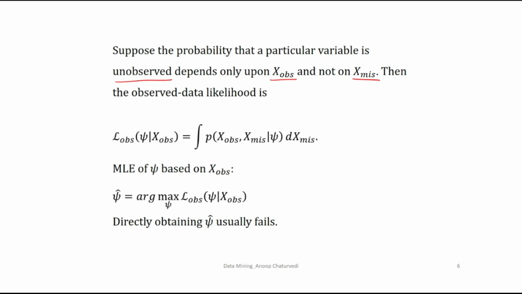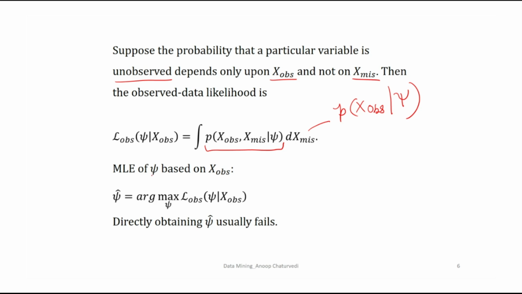Then the observed data likelihood is, say, L observed psi given x observed, which is equal to, we integrate this joint probability distribution of x observed and x missing over x missing, so that we get the marginal probability distribution of x observed given psi.